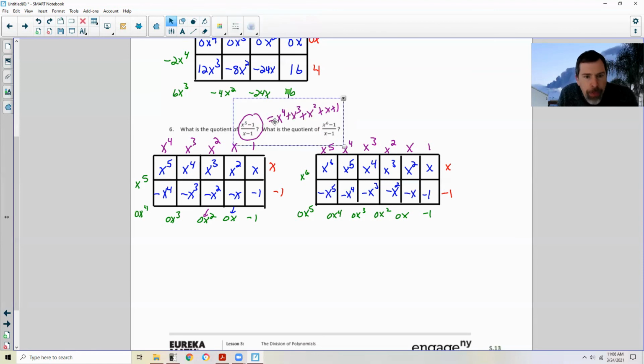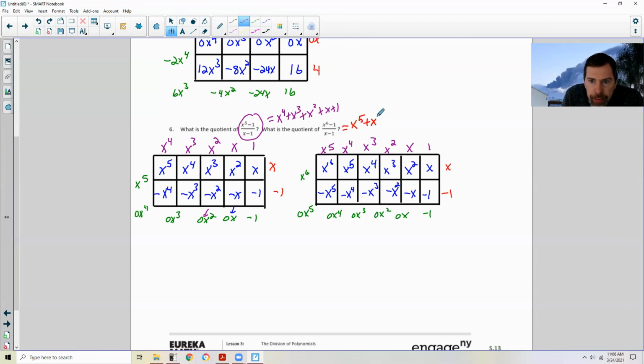Anyway, so this is going to equal, this right here, x to the fifth plus x to the fourth plus x cubed plus x squared plus x plus 1. Alrighty, so there is the quotient of these two fractions right there.